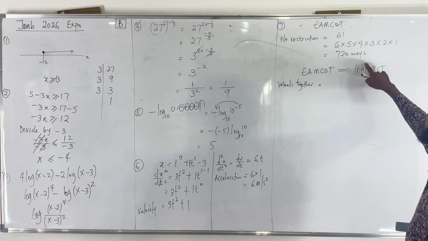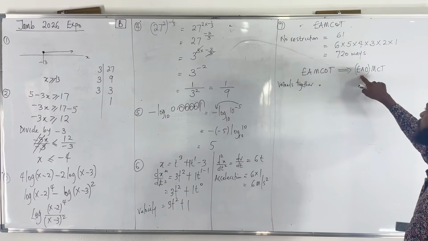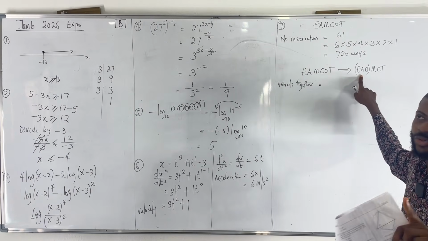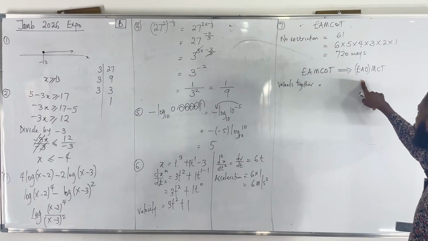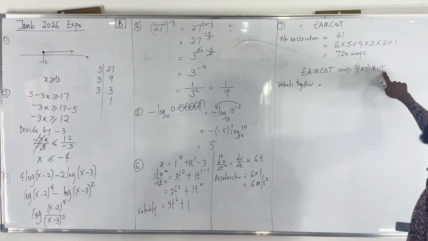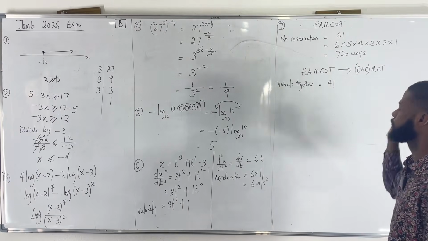If the vowels have to be together, this will just become one letter, considered as 1 because they have to be together. So this is 1, 2, 3, 4. So this is 4 factorial.